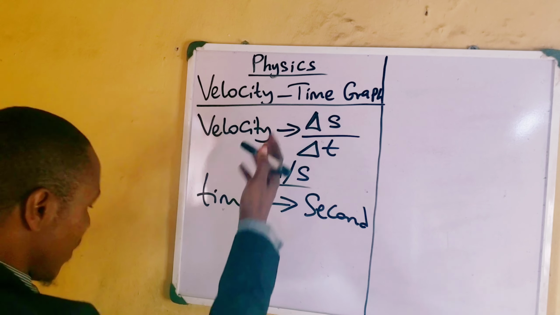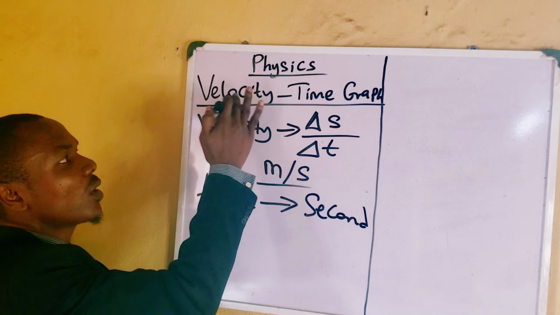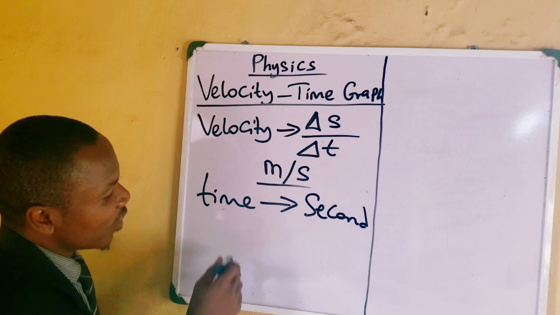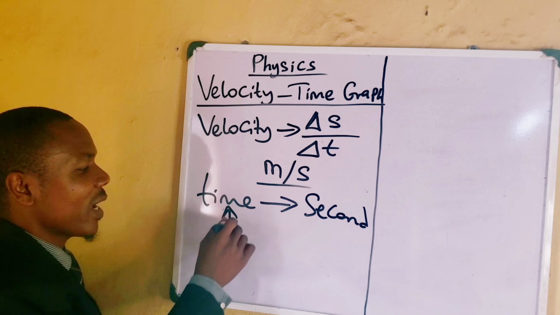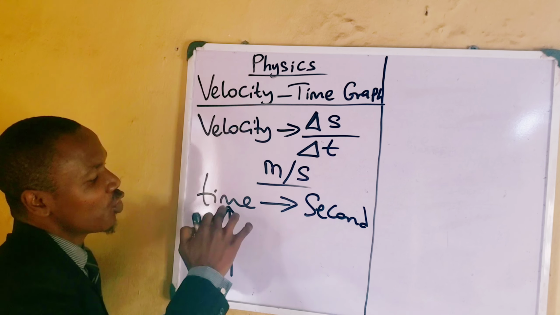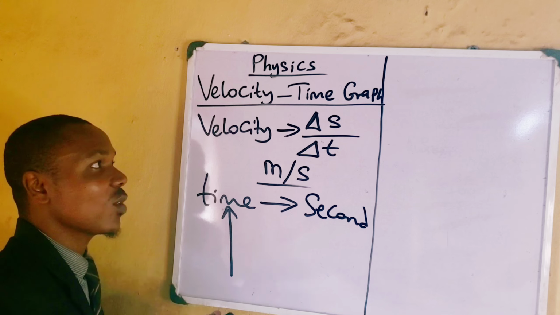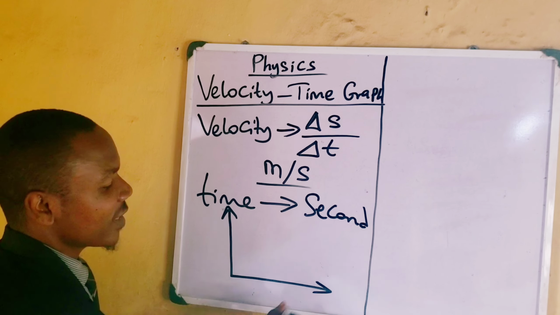So when you hear velocity time graph, it means that the first one you mention is plotted on the vertical axis, which you can call the y-axis, while the second one should be plotted on the horizontal axis.